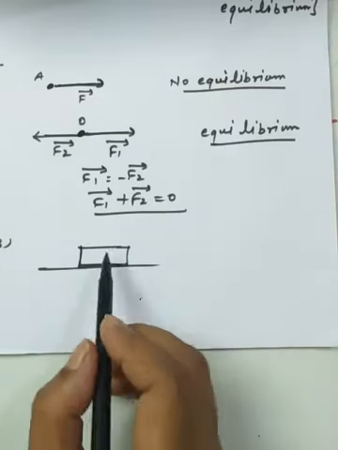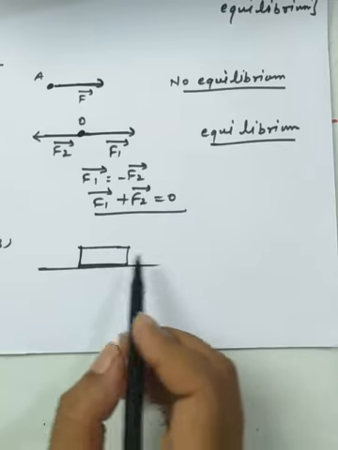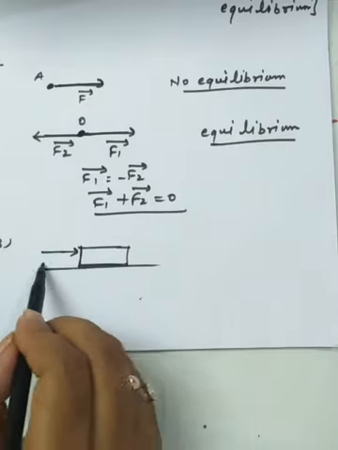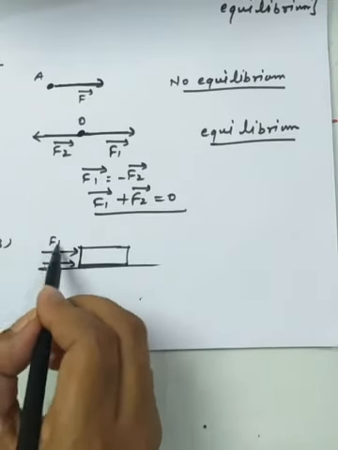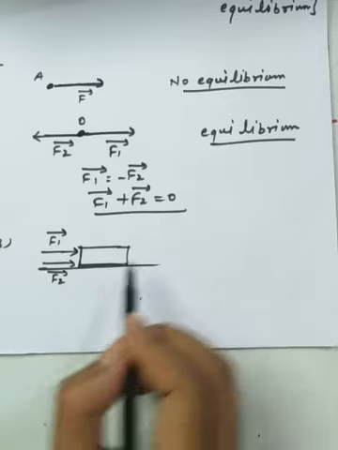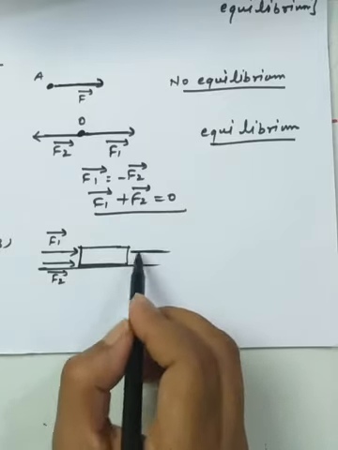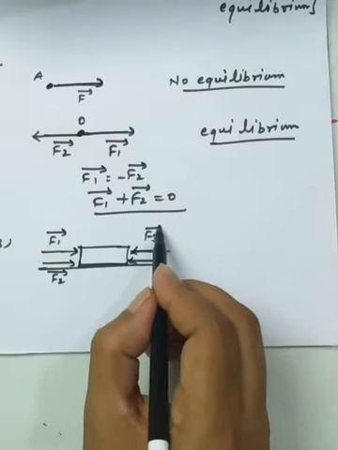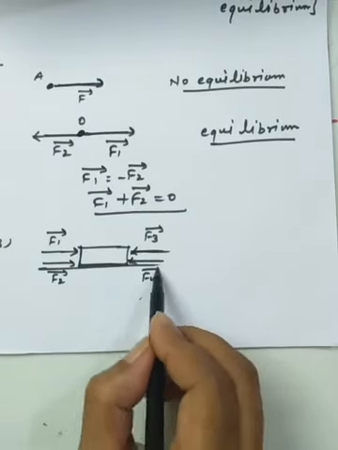Now I am assuming a box lying on a surface and we are applying horizontal forces to it. This force is called F1, this force is called F2, and in the opposite direction of F1 and F2 we are applying two forces, called F3 and F4.